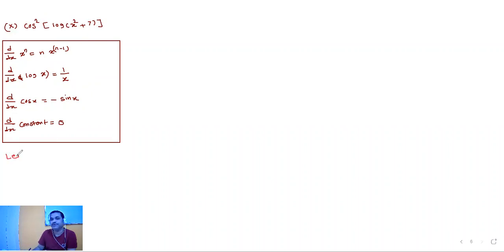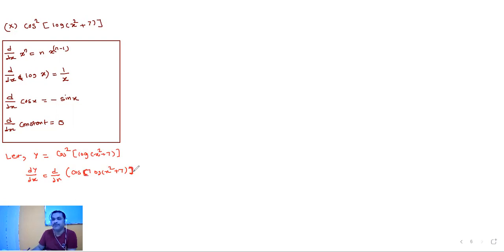So we write here, let y is equal to cos square of log of x square plus 7. So here we will say dy by dx is d by dx of, see this cos square, we can write it like cos of log of x square plus 7, whole square.